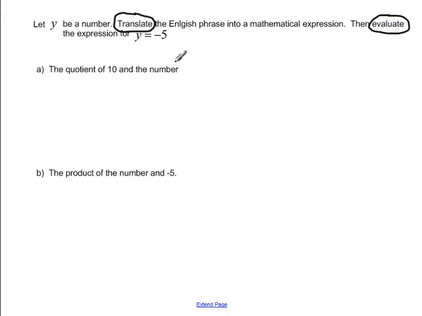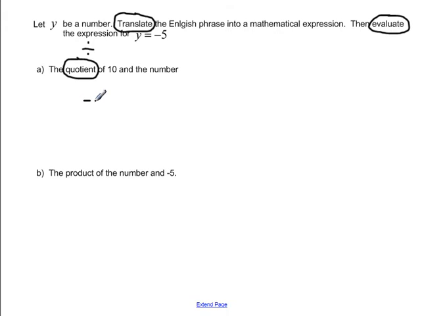So let's take a look at this first one, the quotient of 10 and the number. Quotient is one of those keywords. Whenever we see the word quotient, we know that we're going to be dealing with a division problem. So when we're being asked to write a mathematical expression for the quotient of 10 and the number, there's a couple of ways we could write that.